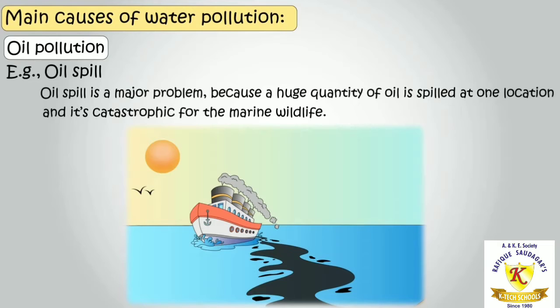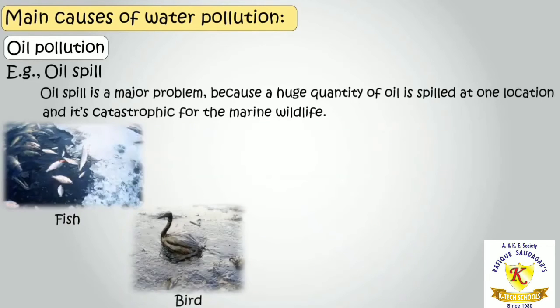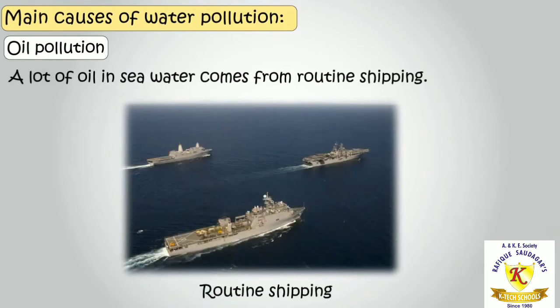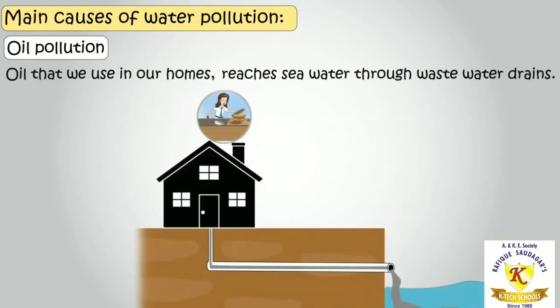It is dangerous for wildlife like fish, birds, turtles, sea mammals, etc. A lot of oil in sea water comes from routine shipping. Oil that we use in our homes reaches the sea through wastewater drains. This is also one of the causes of water pollution.